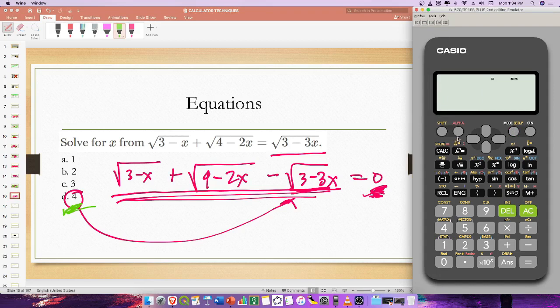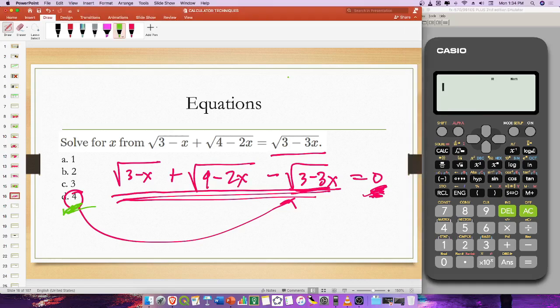When using shift solve, you have to input the equation here. Normally, using shift solve, you will input this equation. That's right.